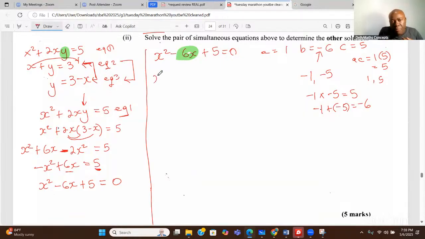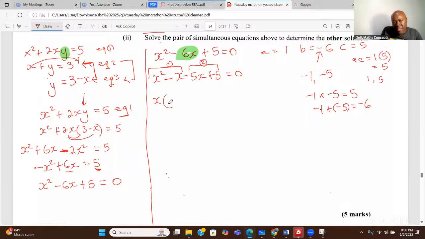So watch this. x squared minus 1x, but I'm just going to call it x, minus 5x plus 5 equals 0. Now, when you have 4 terms, you have to group them. Group 1, group 2, you group them. So in factorizing the first pair, you'll take out x.